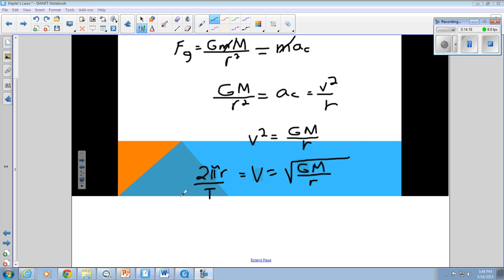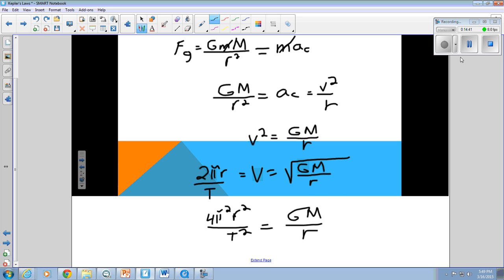So I'm going to square both sides just so I don't have to work with the square root symbol. Square both sides, you'll get 4 pi squared r squared over T squared equals capital G, capital M over r.